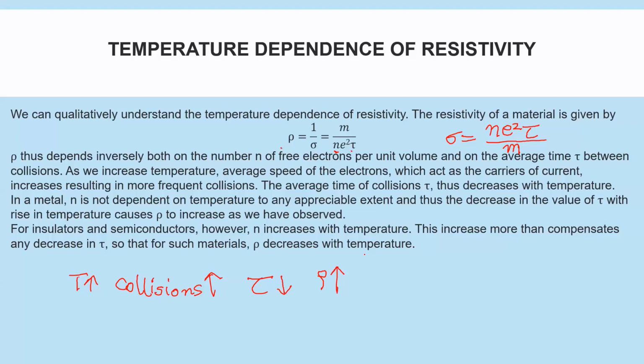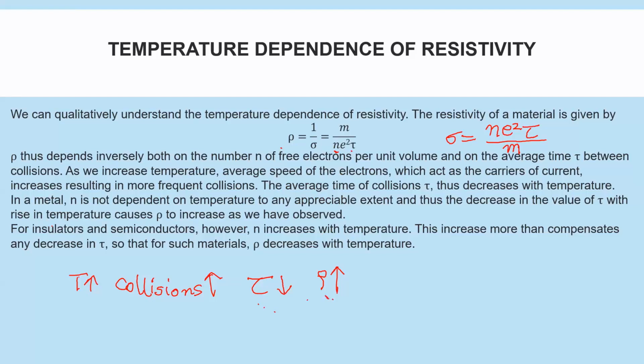Okay, and in a metal, n is not dependent on temperature. So the decrease in the value of tau with rise in temperature causes resistivity to increase. So in a metal, if you start increasing the temperature, your relaxation time is going to decrease and your resistivity is going to increase.